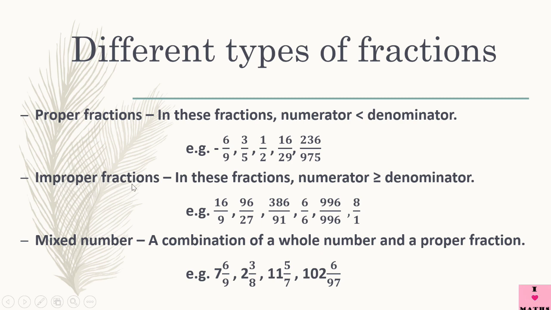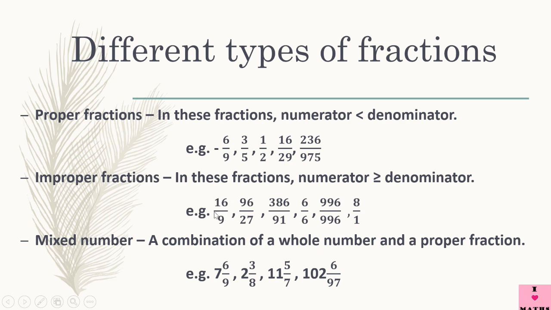Improper fractions. These are the opposite of proper fractions. In these fractions, the numerator is either bigger than the denominator or equal to the denominator. For instance, 16 upon 9. 16 is bigger than 9.